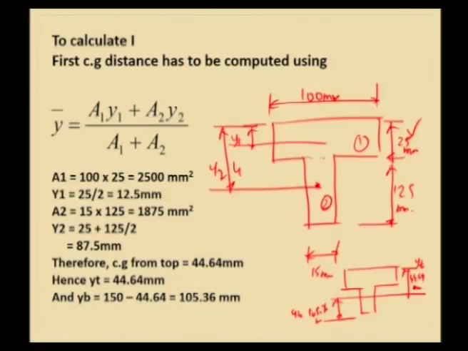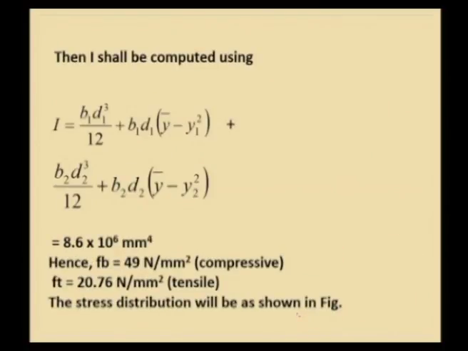The next thing to be computed is the moment of inertia. The moment of inertia shall be computed using the formula B1 D1 cube by 12 plus B1 D1 into (y bar minus y1) whole squared, plus for the second element B2 D2 cube by 12 plus B2 D2 into (y bar minus y2) whole squared. B1 D1 we know. If we have the T section like this, B1 will be this and D1 will be this.